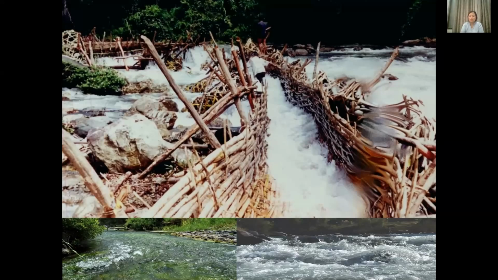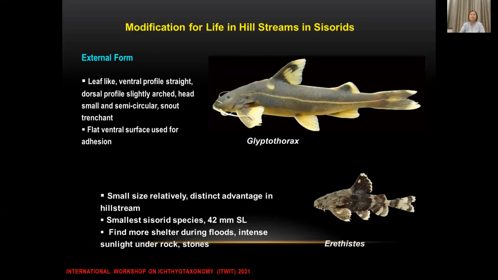So what are those? We have already seen the external form, how they look. They are leaf-like. The ventral side is totally flattened so that they can attach to the substratum and are not carried away by the water currents.